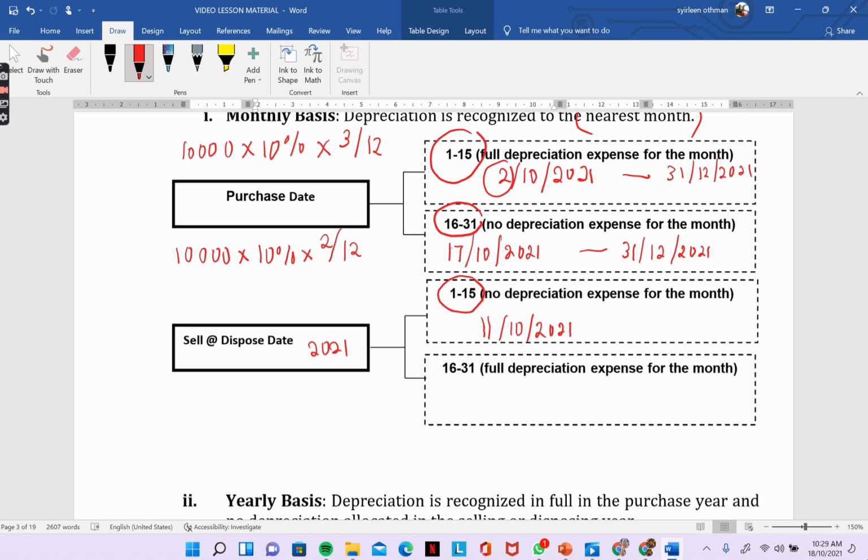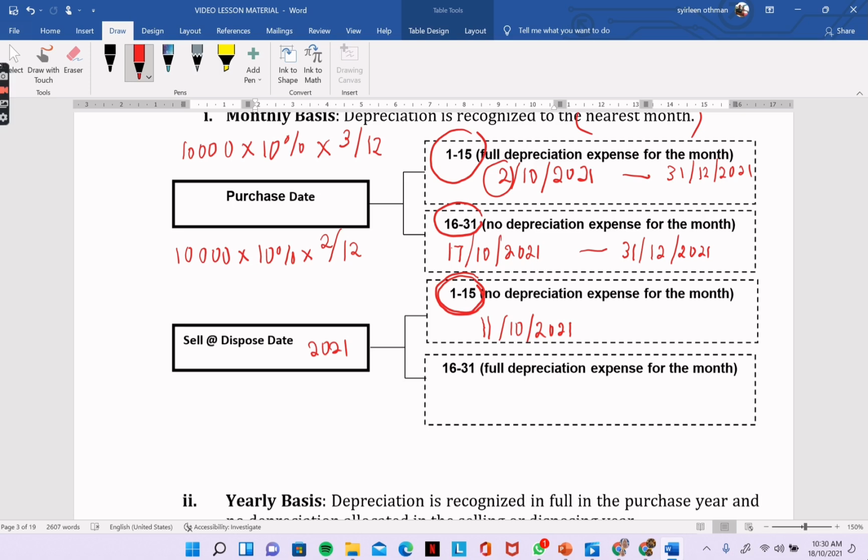Okay, Oktober tak dikira sebab kita akan dispose during the month of October, and the date of the disposal is between 1st until 15. So bila dia is between 1st until 15, that means okay, month of October won't be included.